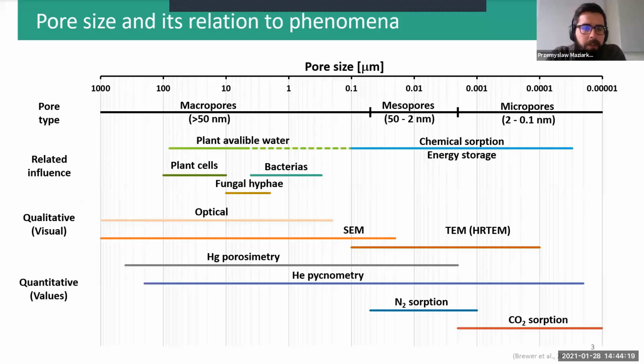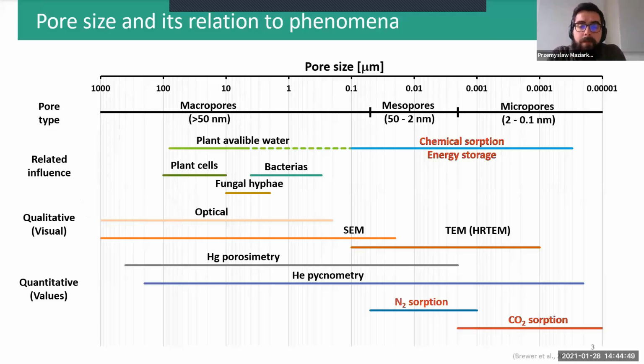There are possibilities of qualitative measurement, by visual assessment with optical or electron microscopes, and there are also quantitative measurement possibilities. Most of the research on biochar focuses on chemisorption and energy storage applications because they are the most advanced ones.